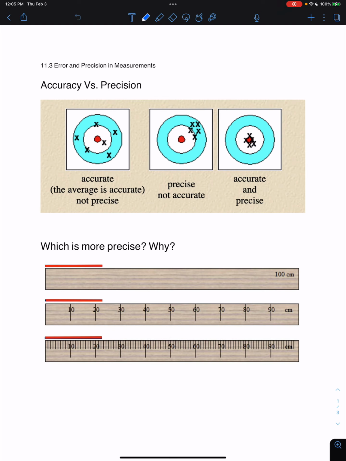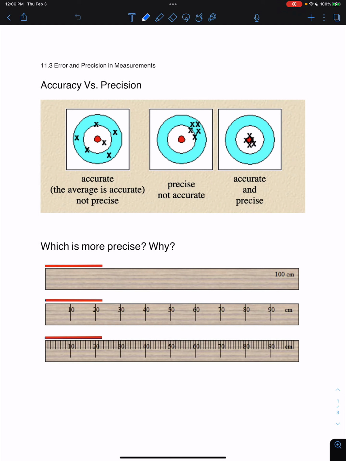In other words, we can imagine it as hitting a target. We want to measure something as accurately as possible, so we want to hit that target.